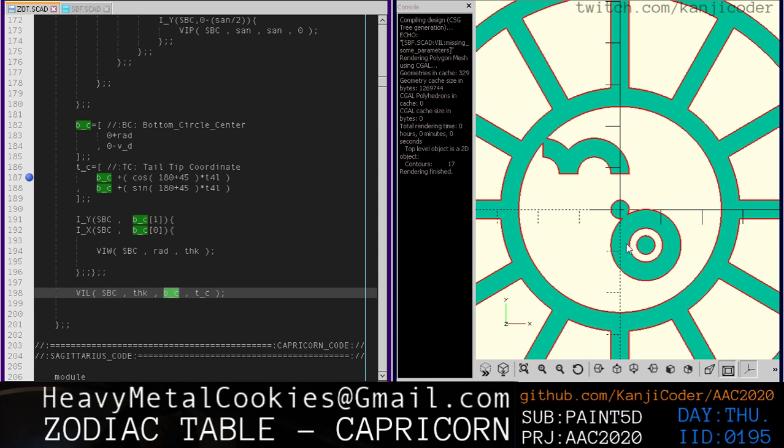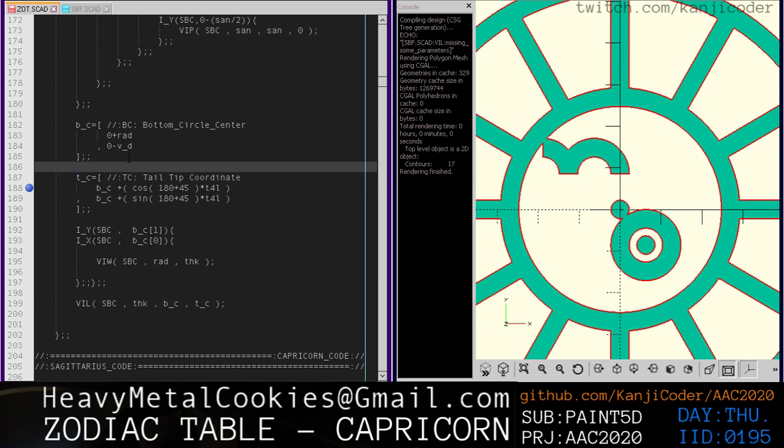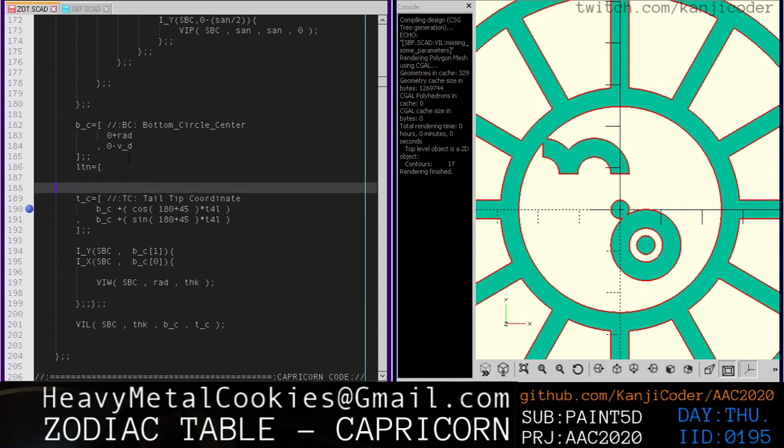But we want to get something over here, right? So for this we actually want like a left tangent, so LTN, left tangent.